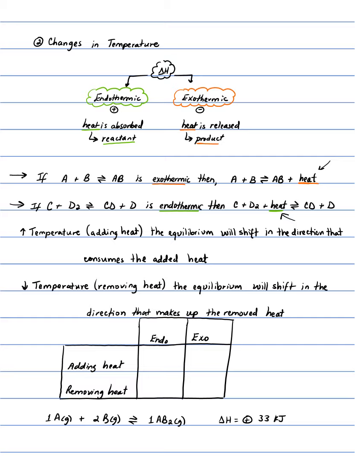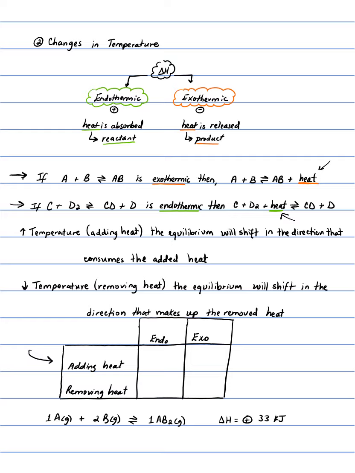So when we look at my first reaction here, the exothermic one, I'm looking at A plus B going to AB, exothermic. So the heat is on my product side because it's an exothermic reaction. Looking at my table down here, I'm going to look at adding heat first.